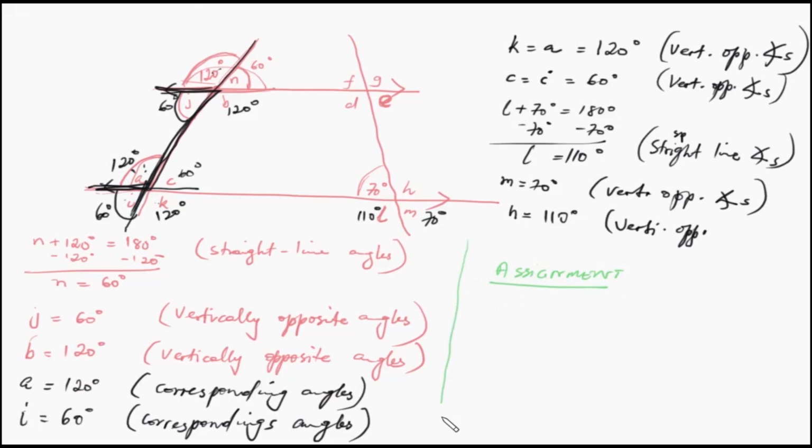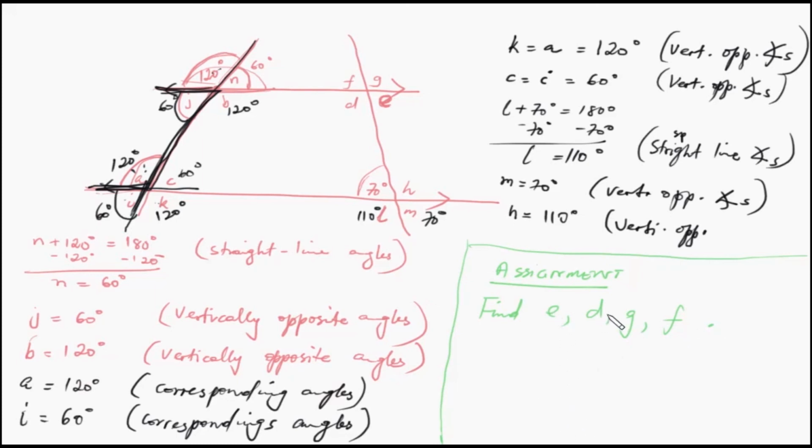Let me circle it so that you don't say you didn't see it. Assignment: find E, D, G, F. That's your assignment. Find it.